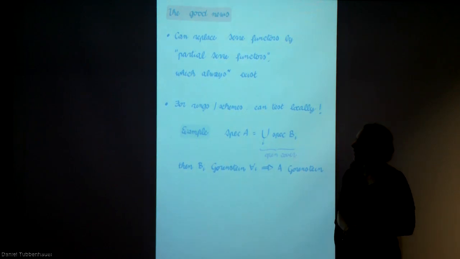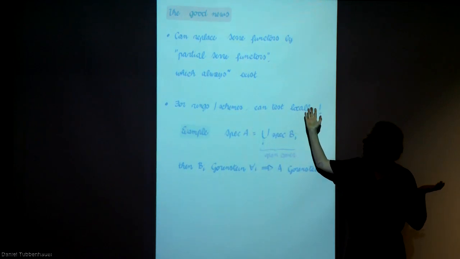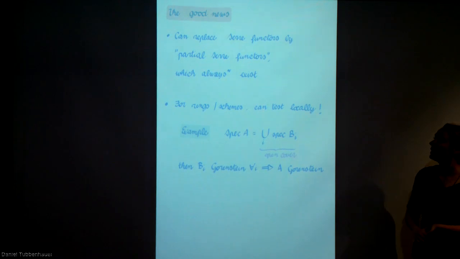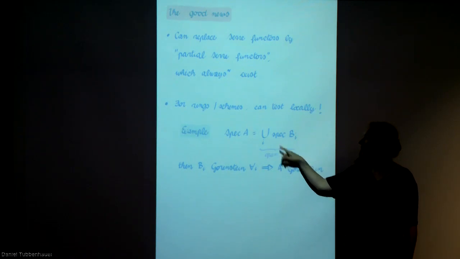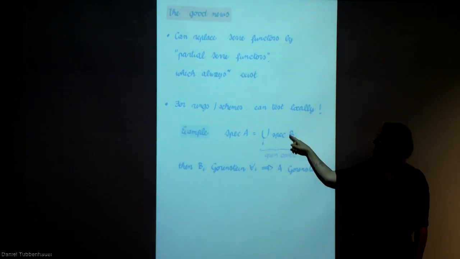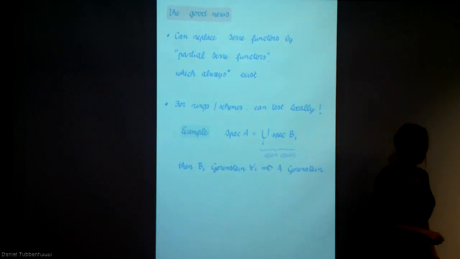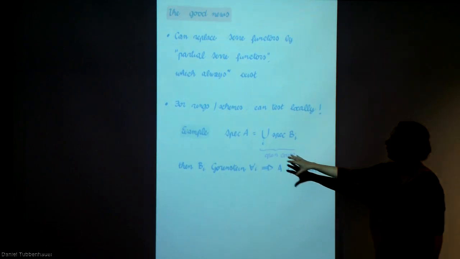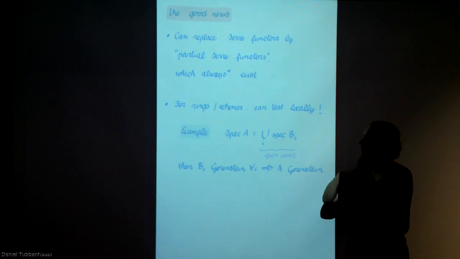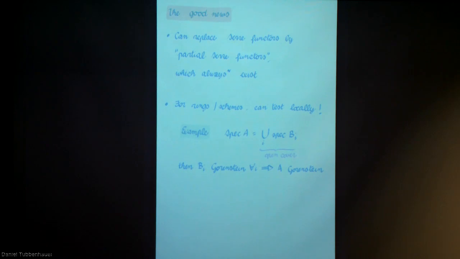And the second good news is that if you're working with commutative rings, or even generally with schemes, you can test Serre duality locally. So for instance, you could cover with open affines, and if you've covered by Gorenstein rings, then your original ring was Gorenstein. So you can test locally, and the main goal of this talk is to take that idea of testing things locally and use it for triangulated categories in general.